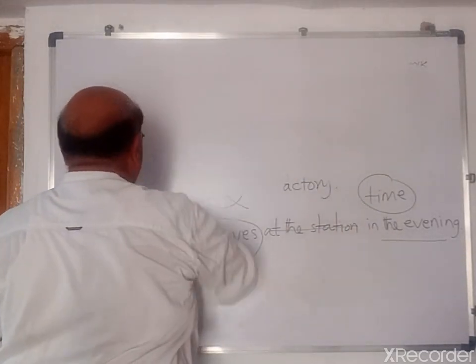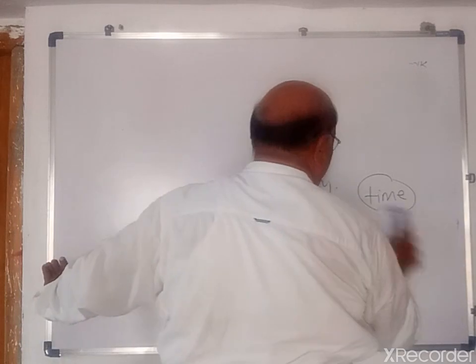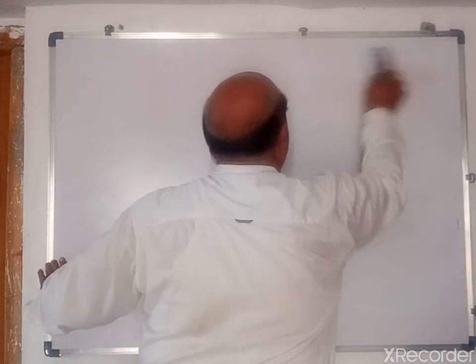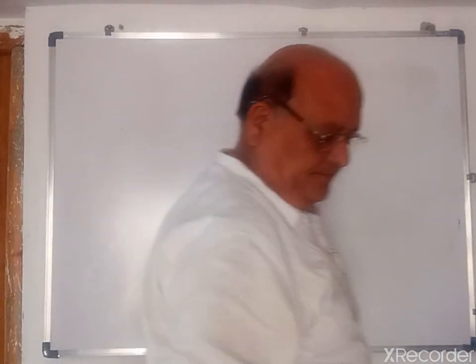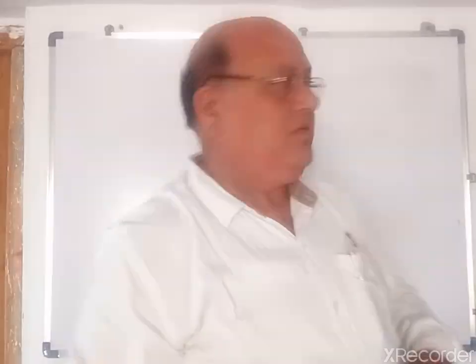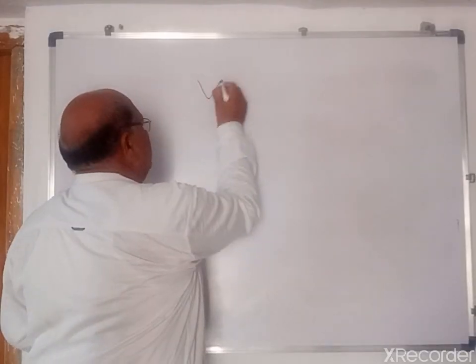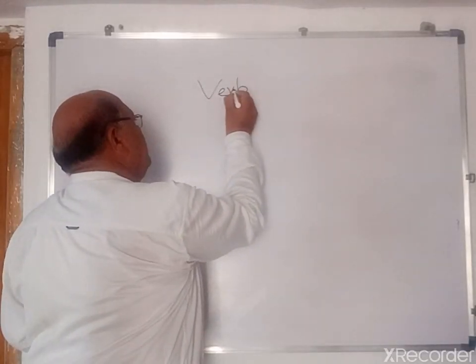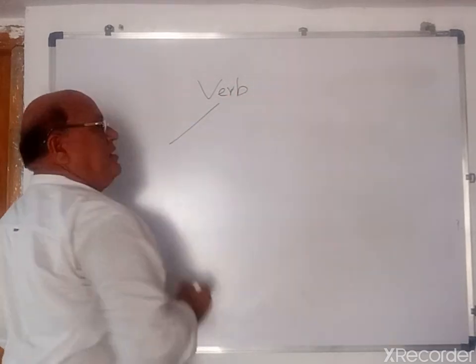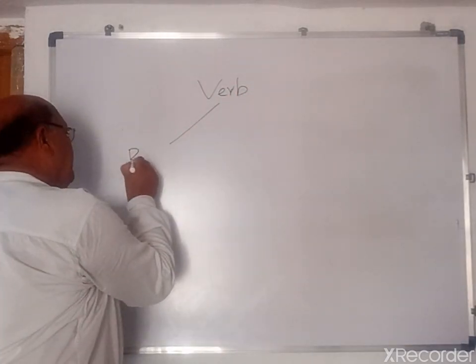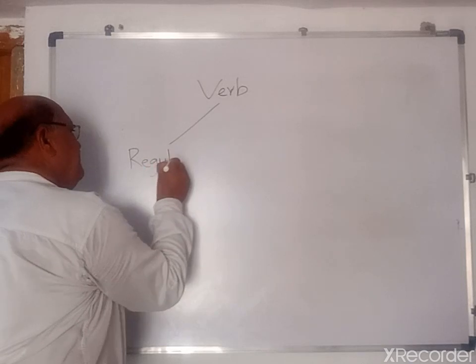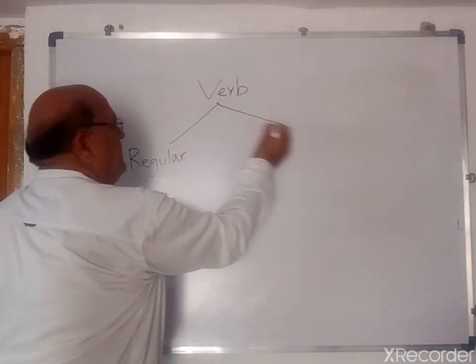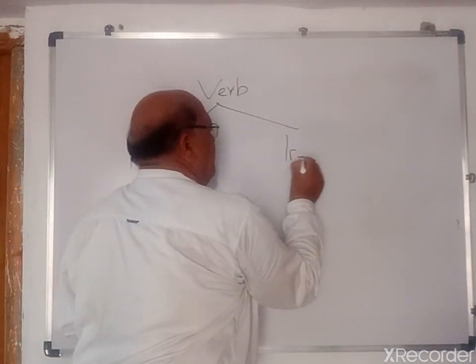Verbs are of two types, and we generally mislead our students. How? Verbs, one is regular verb, the other is irregular verb.